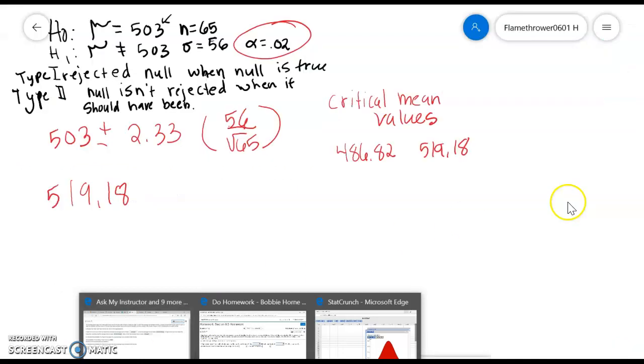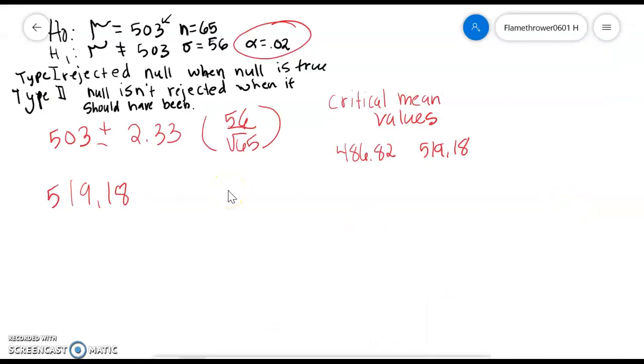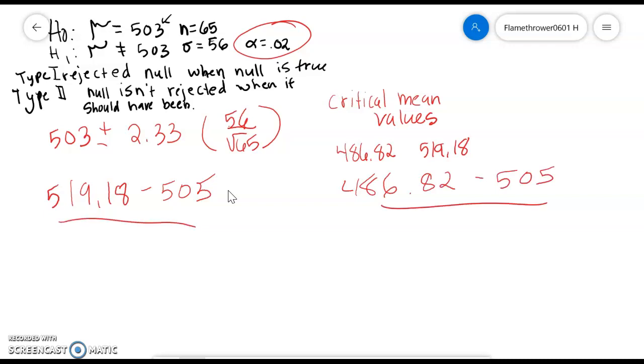So we would take both of our values and subtract 505, and then we would divide these by 56 divided by the square root of 65.